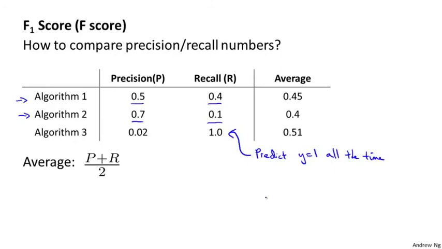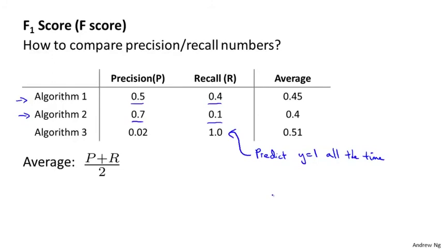Conversely, if you have a classifier that predicts y equals 0 almost all the time, that is, it predicts y equals 1 very sparingly, this corresponds to setting a very high threshold using the notation of the previous slide, then you can end up with a very high precision but a very low recall.